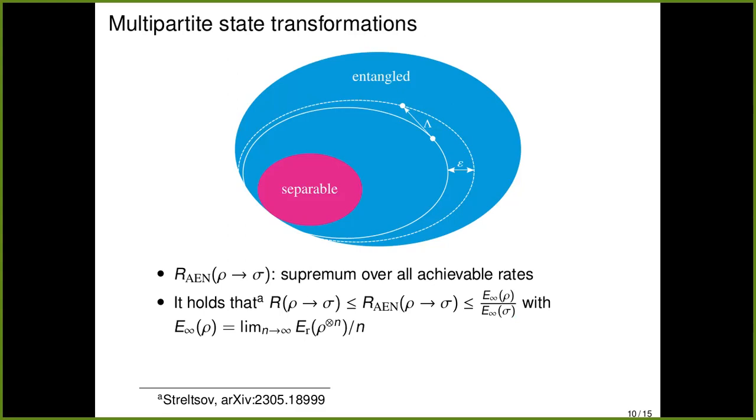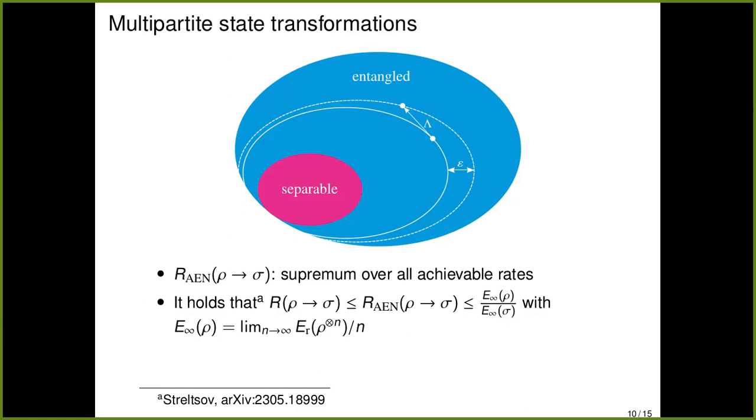What is not very difficult to see is that the rate over asymptotically entanglement non-increasing operations is definitely bigger than R, the standard rate, just because this is a larger set of operations. What one can also show is that this rate is upper bounded.